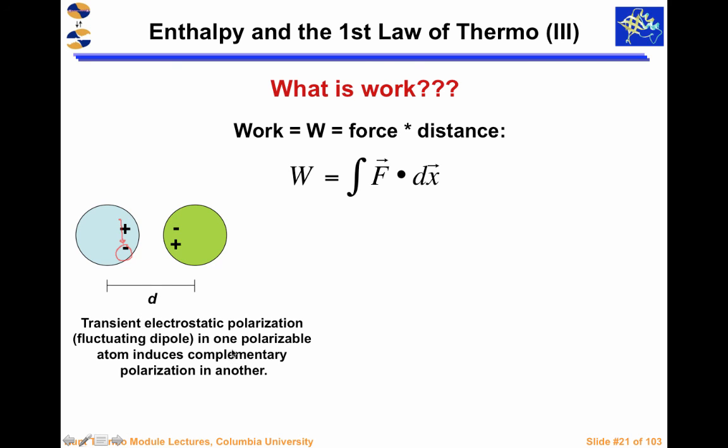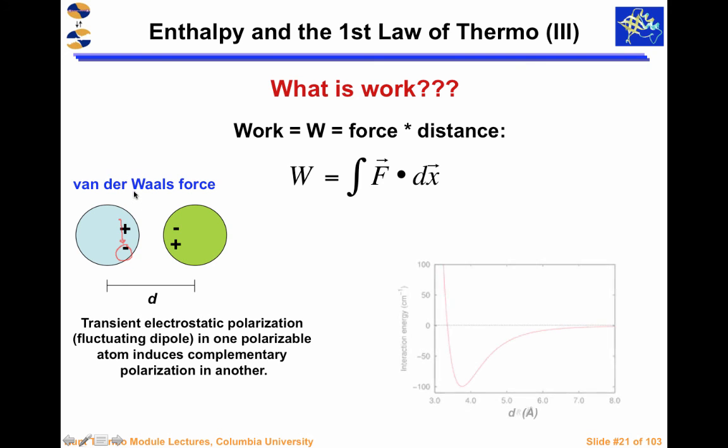In other kinds of dipolar interactions, all atoms are polarizable, and so all atoms can participate in these fluctuating dipoles, or van der Waals interactions. Now, again, this interaction is called the van der Waals force. You've probably heard that.